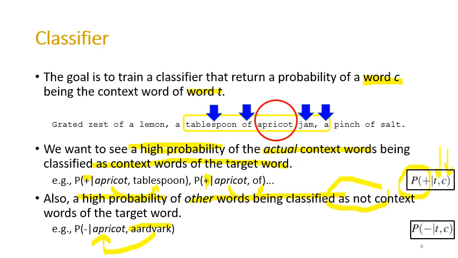So we want the model to have a high probability of saying that the label is negative when the context is aardvark and the target is apricot. In other words, it is very improbable to have the word aardvark as the context of the word apricot.